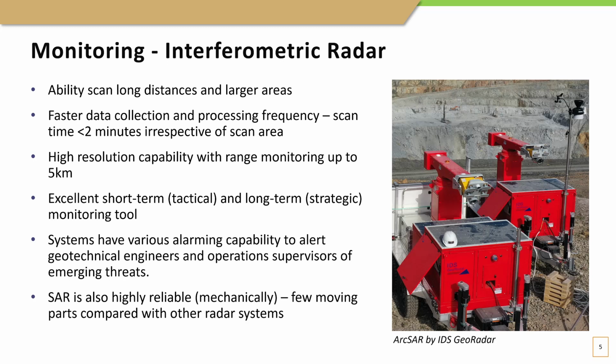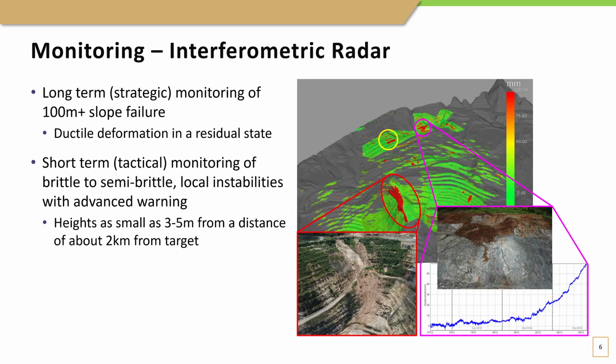SAR systems are also highly reliable from a mechanical perspective, since they have very few moving parts compared with other radar systems. As an example, in the figure on the right you can see a large-scale slope failure on the left, as well as the heat map from the synthetic aperture radar. This is long-term monitoring of a 100+ meter high slope failure that's in a residual state with ductile deformation.